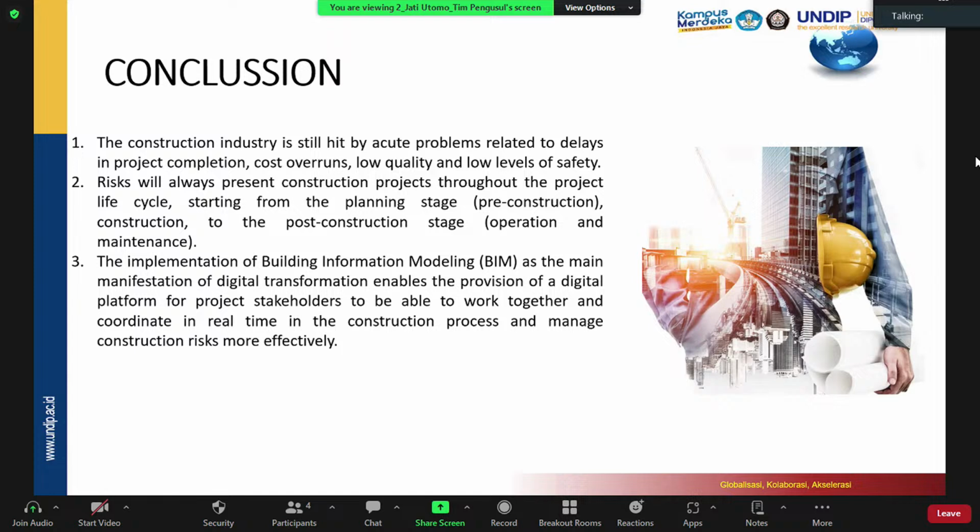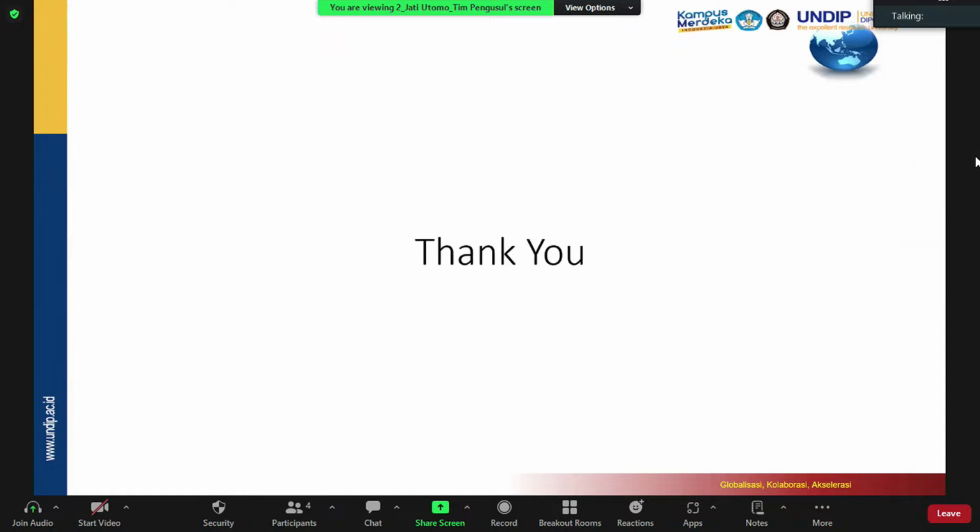BIM is one of the main manifestations of digital transformation, enabling a digital platform for project stakeholders to work together and coordinate in real time in the construction process and manage construction risks more effectively. Thank you very much.